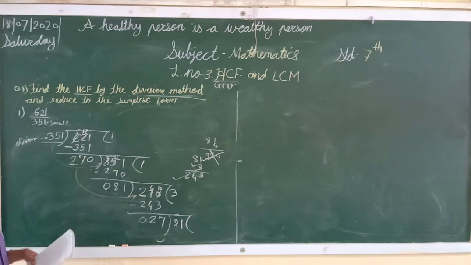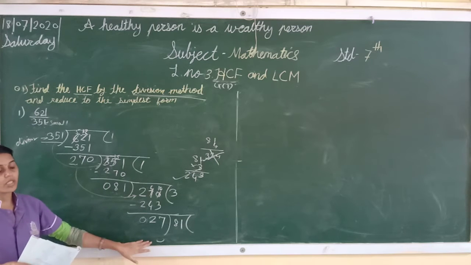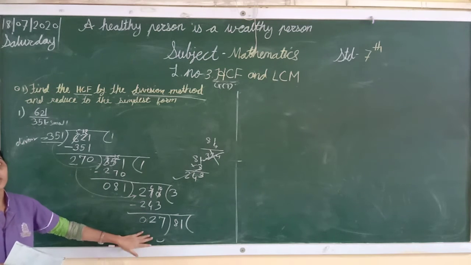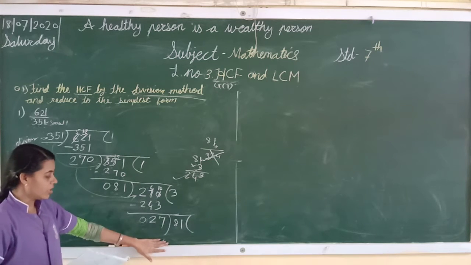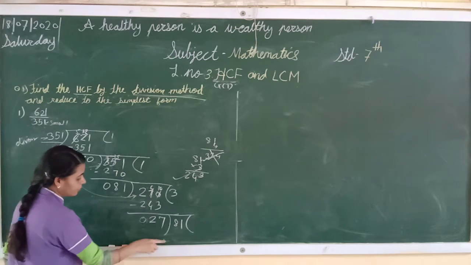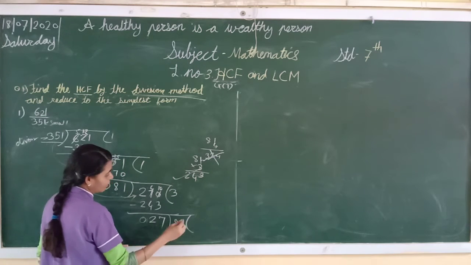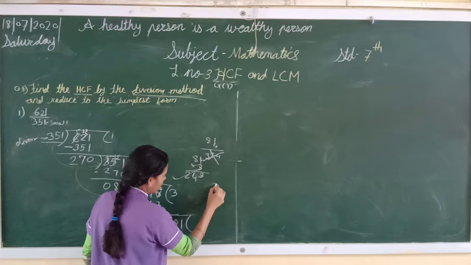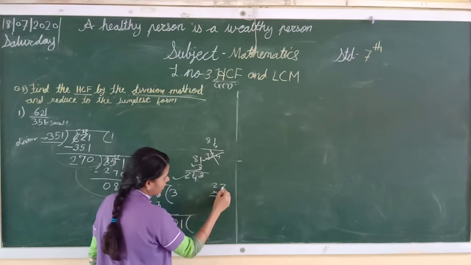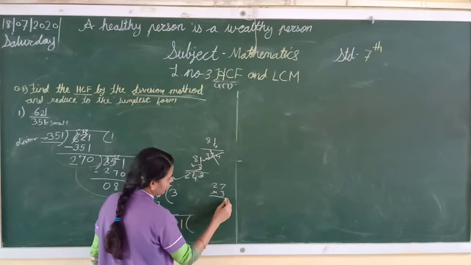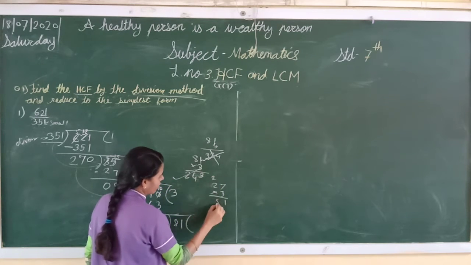Students, you may be thinking how many times we will do it like this. We will continue till the remainder becomes 0. We want the remainder 0. So understood, students? Now divide by 27. 3 sevens are 21. 3 twos are 6, 6 and 2 are 8.